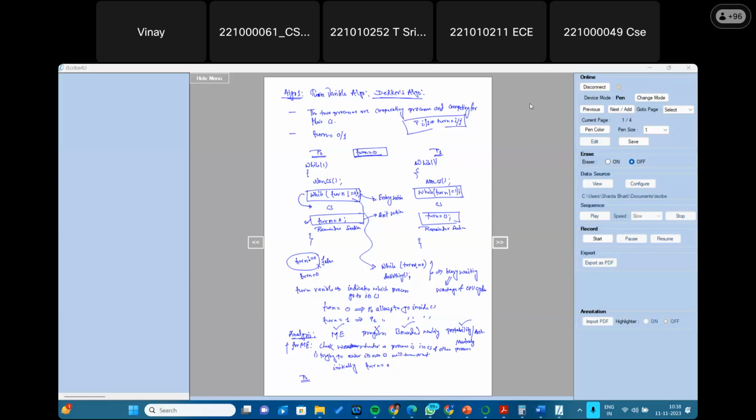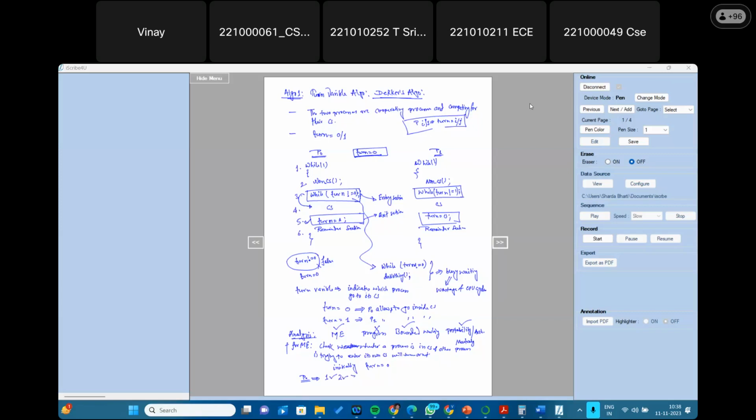It will execute its own code. If I name these instructions 1, 2, 3, 4, 5, 6, it will help. So 1 will be executed, no issue. 2 will be executed, no issue.